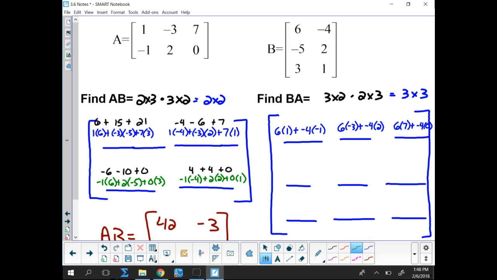Row 2 now. Negative 5 times 1 plus 2 times negative 1. Negative 5 times negative 3 plus 2 times 2. Negative 5 times 7 plus 2 times 0.